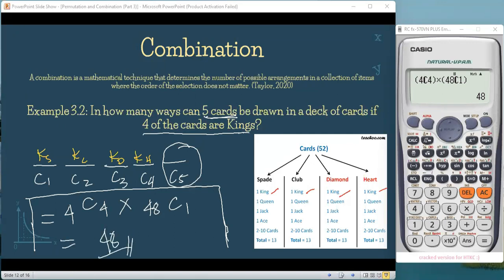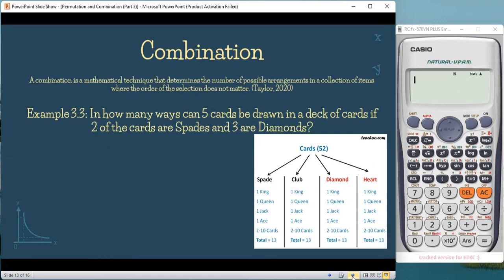So ibig sabihin po, meron lang po tayong 48 possible combinations kung ito po yung restriction natin doon sa 5 cards. So paano naman po kapag the problem is in how many ways can 5 cards be drawn in a deck of cards if 2 of the cards are spades and 3 are diamonds?